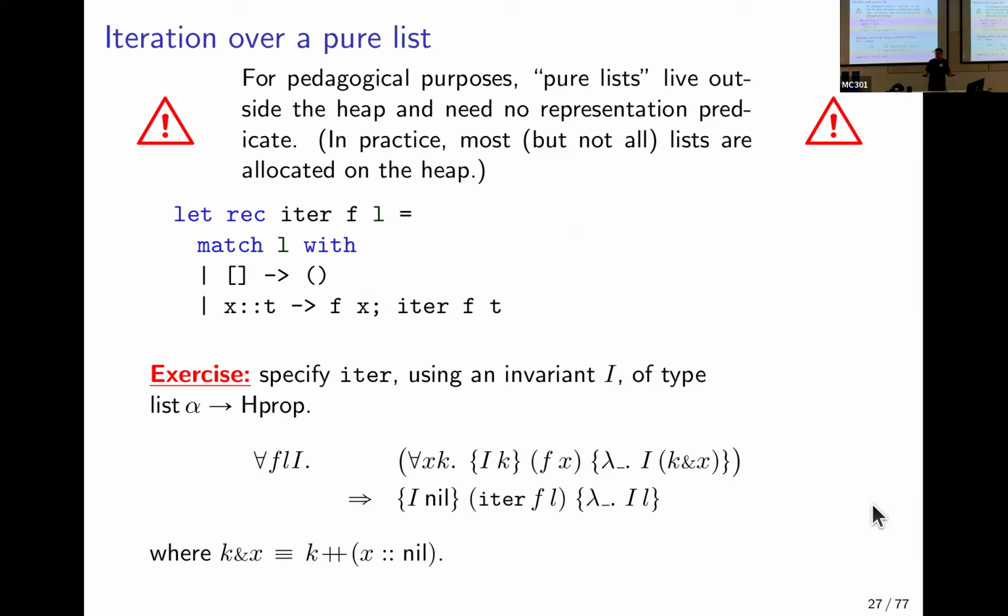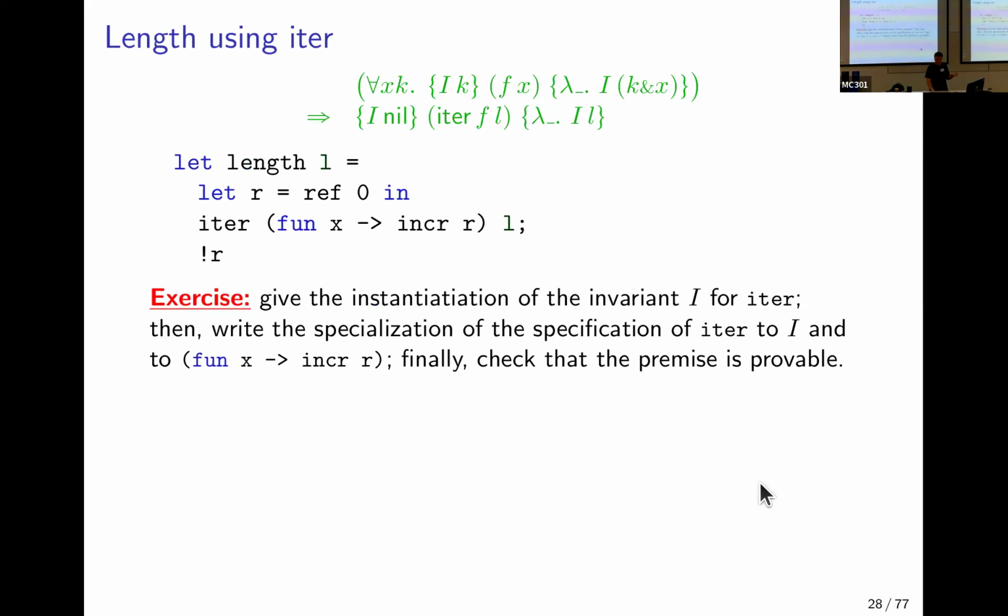Be warned, there will be a bunch of different ways. This is maybe the simplest one. You start from I of nil with some invariant I, and you end up in I of L if you apply it to L. And then your function goes from I of k to I of k snoc x, because you add it at the end. That's one way.